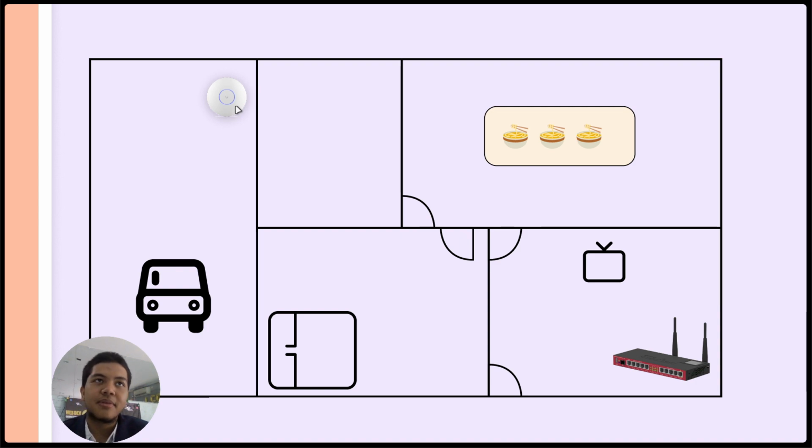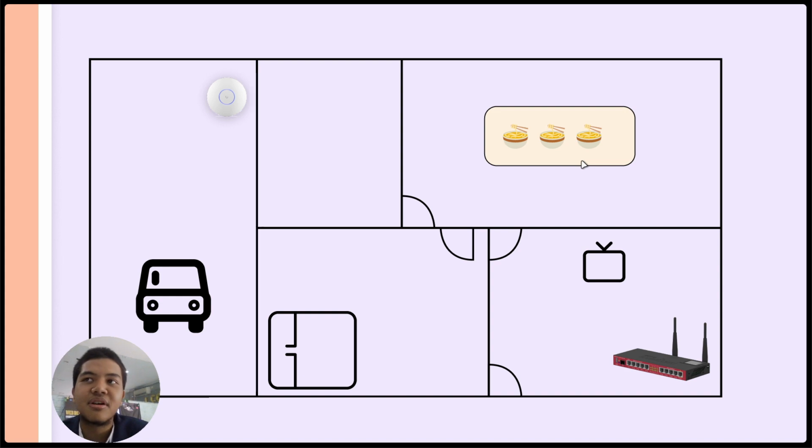This access point is the solution if you want a good connection, so we install an access point in every room. For example, in the bedroom there's an access point, and in the living room there's also an access point, and in many rooms there's an access point, so we'll get a fast and stable connection.